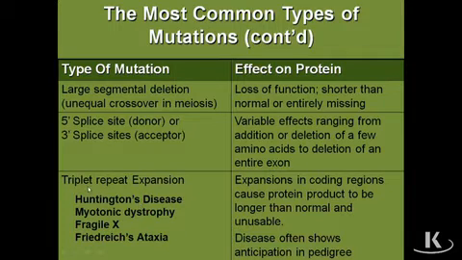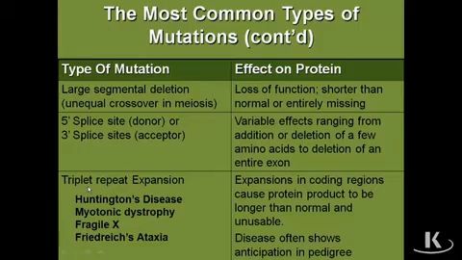A board favorite down here, triplet repeat expansion. In triplet repeat expansion, what you have are areas of the coding sequence for the gene that, as homologous recombination occurs and a haploid gamete gets produced, the number of repeats within that coding sequence is going to increase.